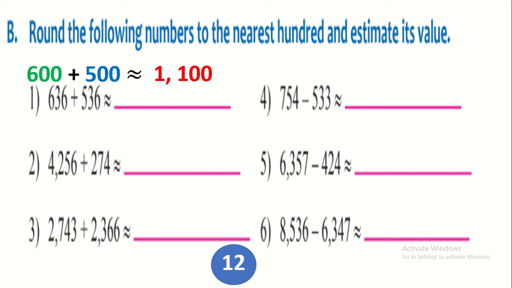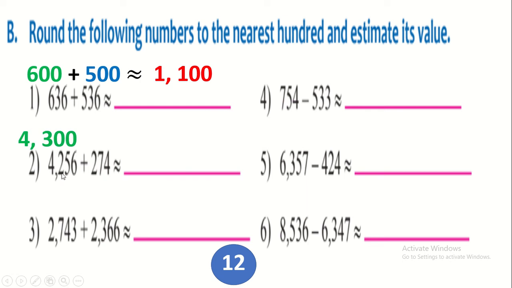Students, next is number 2. Number 2 is 4256 plus 274. The nearest 100 for 4256 is 4300.